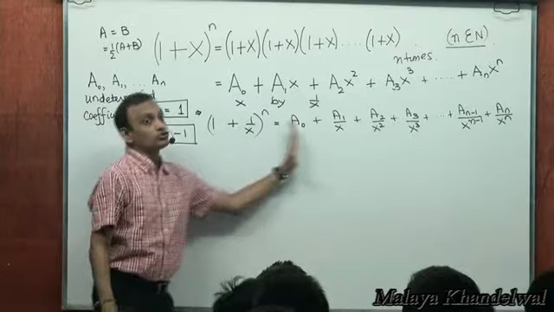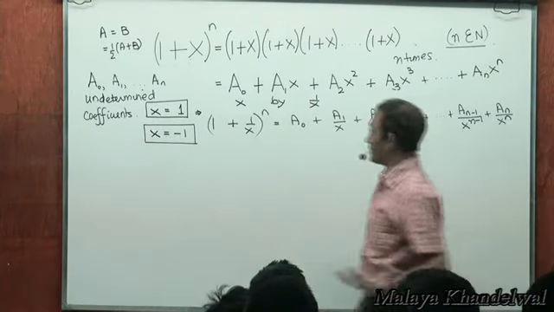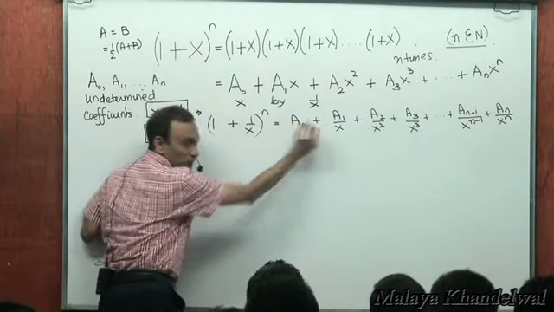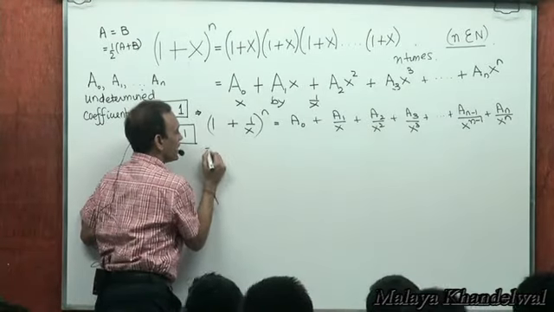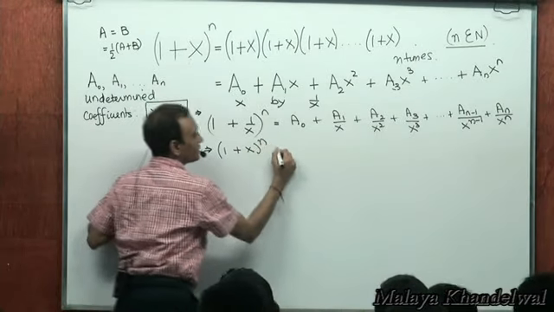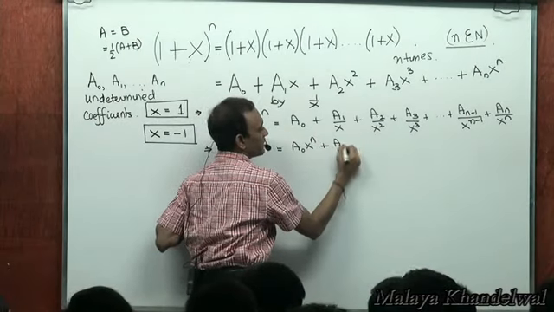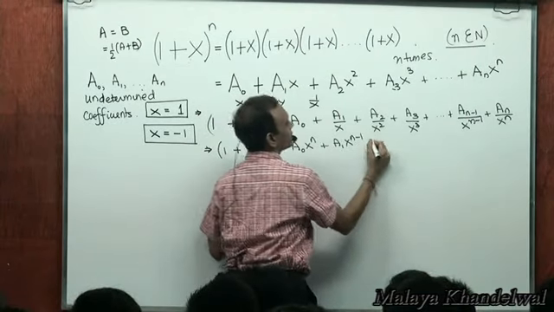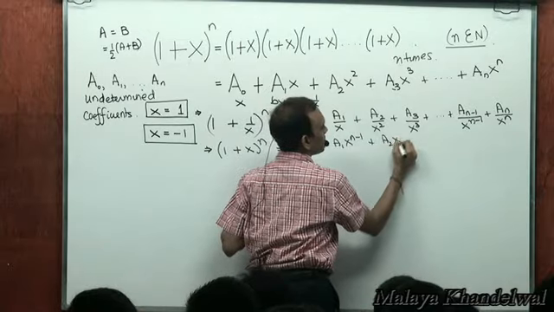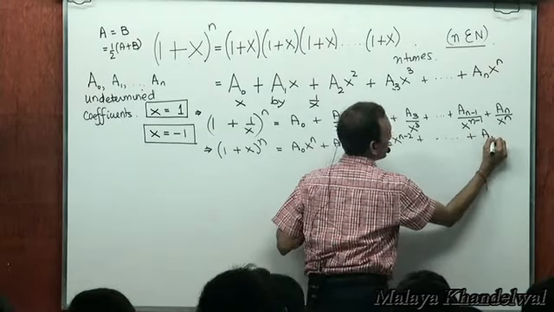Now multiply throughout by x power n. If I multiply throughout by x power n, then I get again 1 plus x power n equals a naught x power n plus a1 x power n minus 1 plus a2 x power n minus 2 and so on up to an.